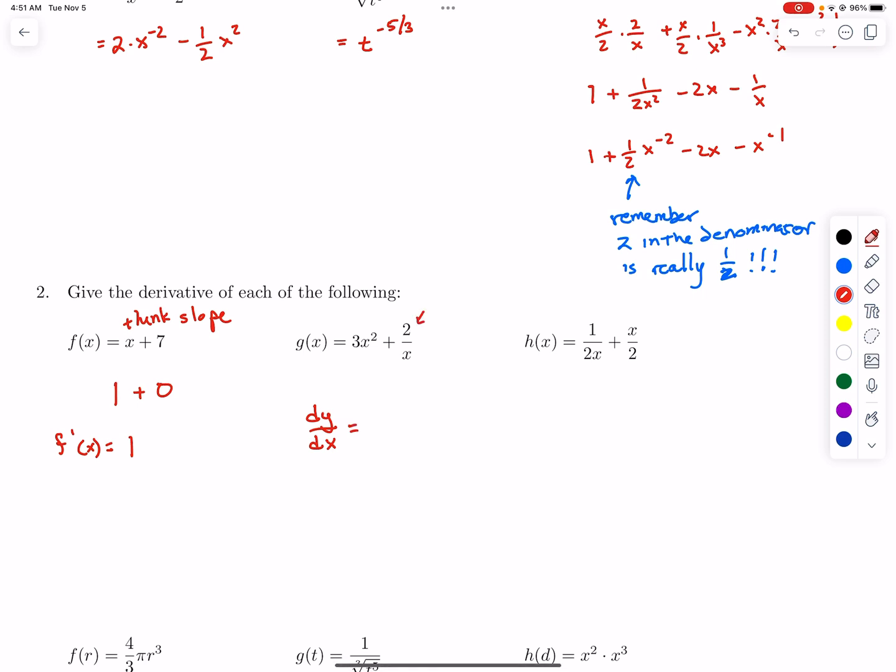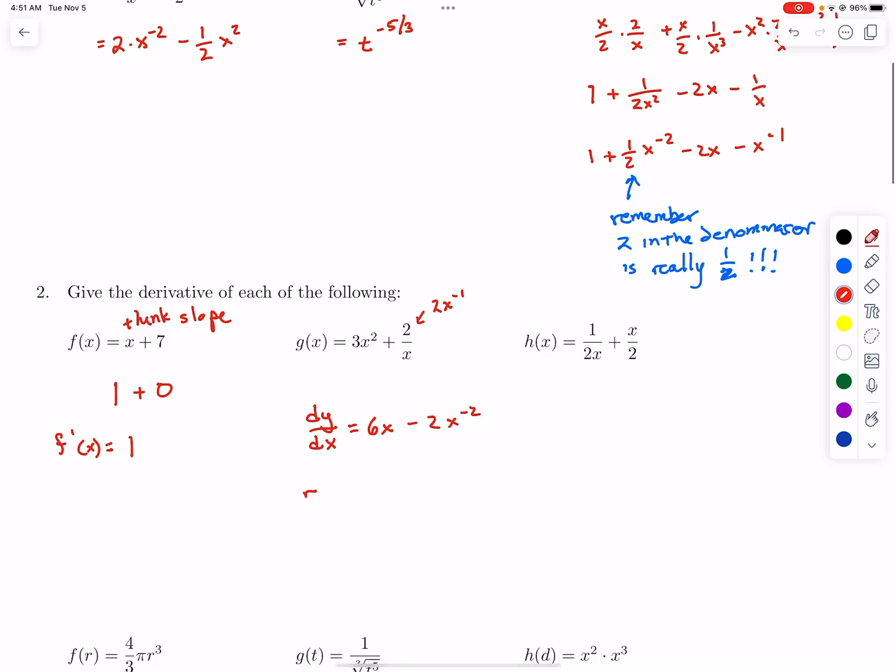I need to rewrite 2 over x first. One thing people do is that they accidentally start taking the derivative and then try to simplify the other term. Make sure that you're simplifying the other term somewhere else. This is 2x to the negative 1, so the derivative is negative 2x to the negative 2.